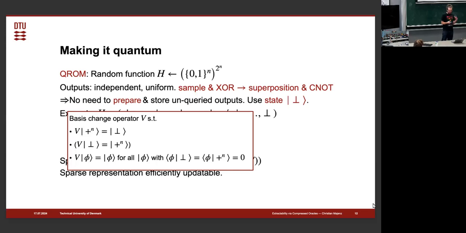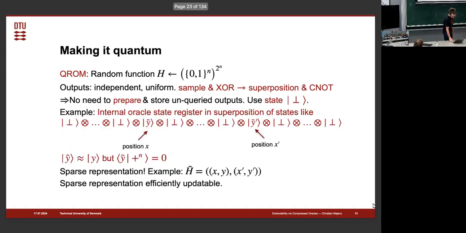Now we can represent this by a basis change operator that replaces the uniform superposition, which represents a readily sampled output, by this bottom symbol, and vice versa. Why also vice versa? That's just to make it unitary, in some minimal way.